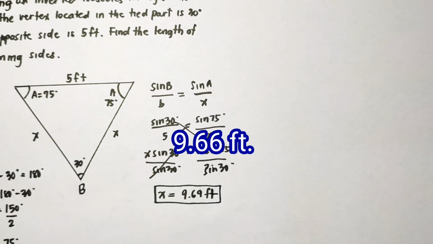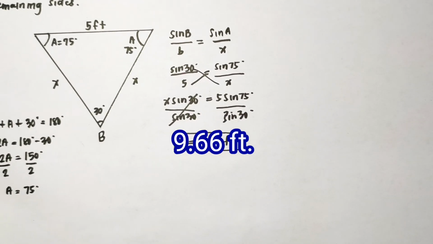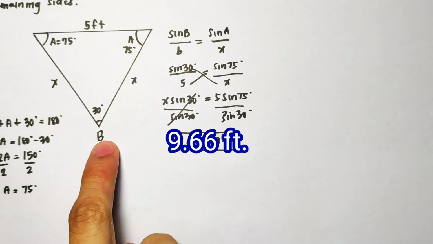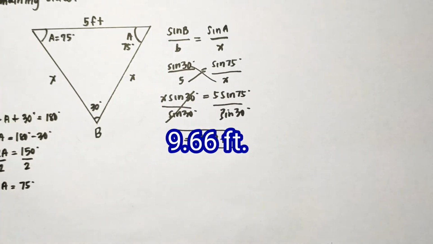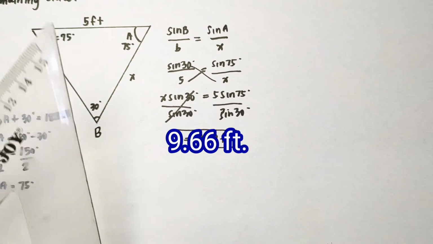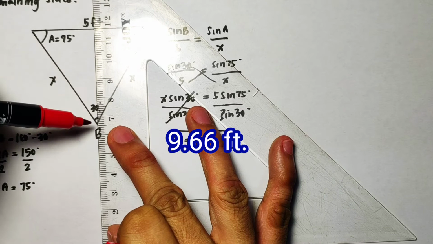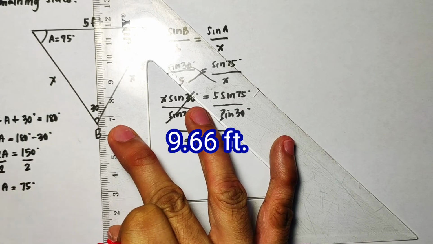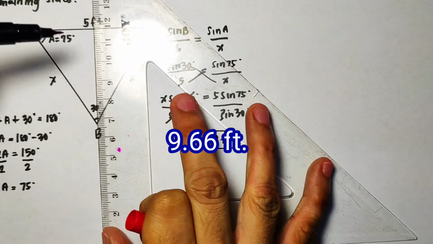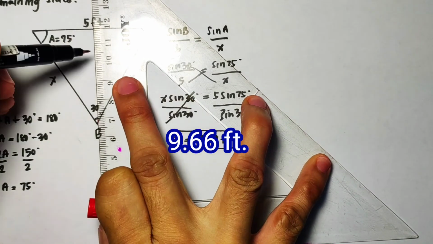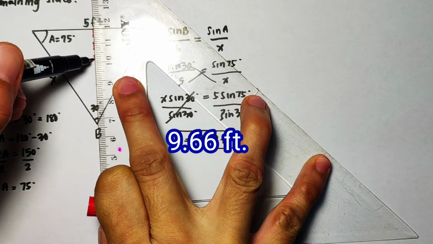Now let us use SOHCAHTOA in solving for the same side, or the side X. If that is the case, using the right triangle, we're going to draw an altitude from this vertex which is perpendicular to the side which measures 5 feet. Okay, so let me draw an altitude here.